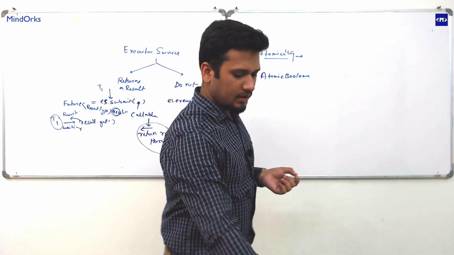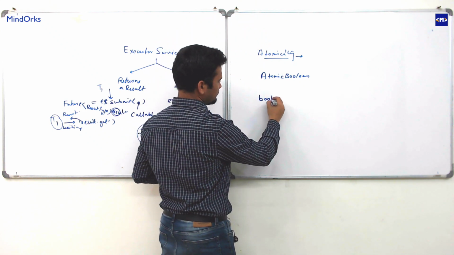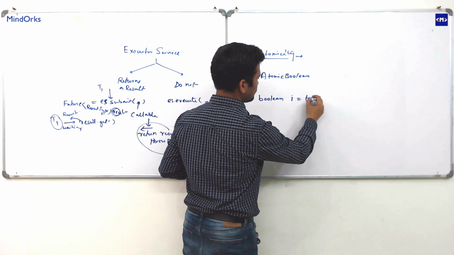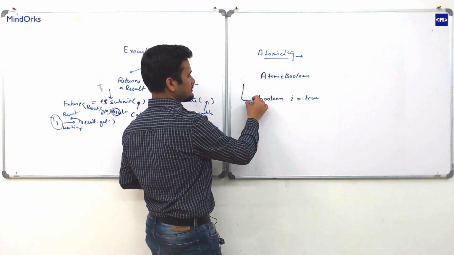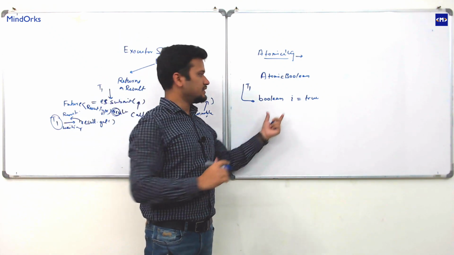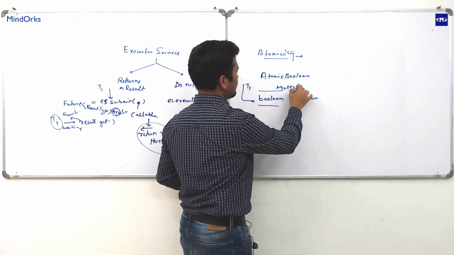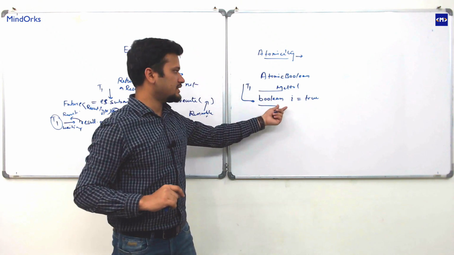For example, you have a normal boolean, i equals true. Suppose one thread enters a method, creates a boolean i and sets a value.